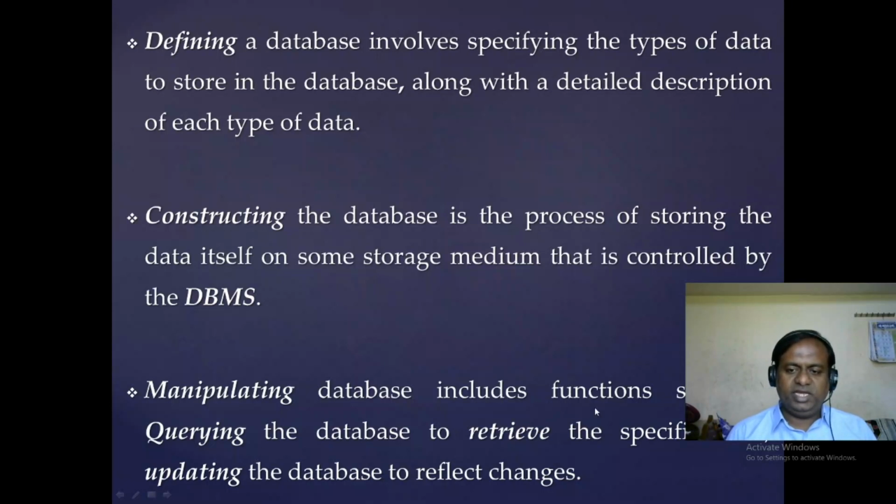Manipulating the database includes functions such as querying the database. Querying means displaying the content available in the database to retrieve specific data, and updating the database to reflect changes. This is how a DBMS provides the goal of maintaining the database in a computerized fashion.